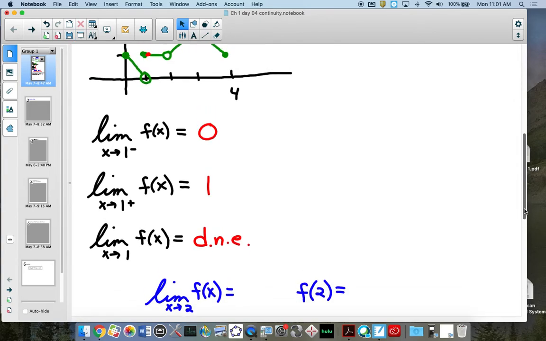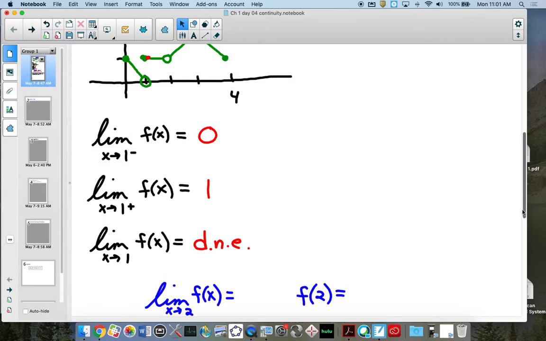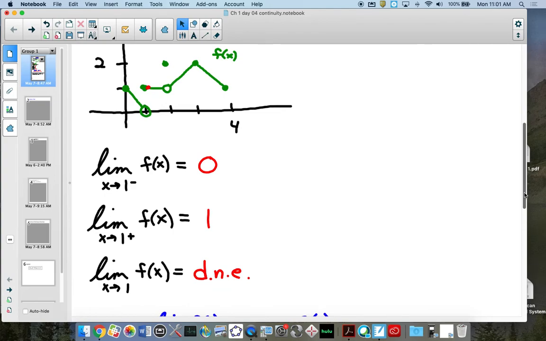Two other questions. What's the limit as x approaches 2 for this function? So, once again, if we approach 2 from the left, what are we approaching? We're approaching the value of 1. And as x approaches 2 from the right, traveling along this function, we're also approaching the value 1.